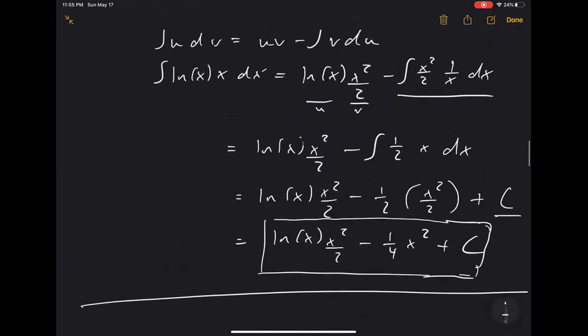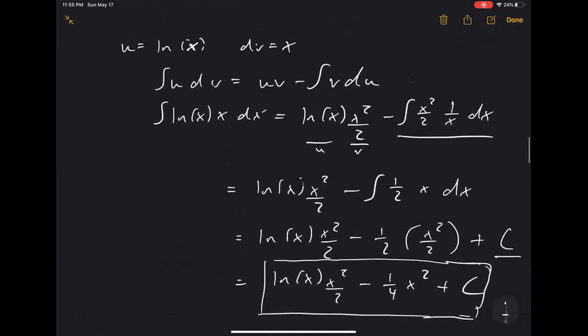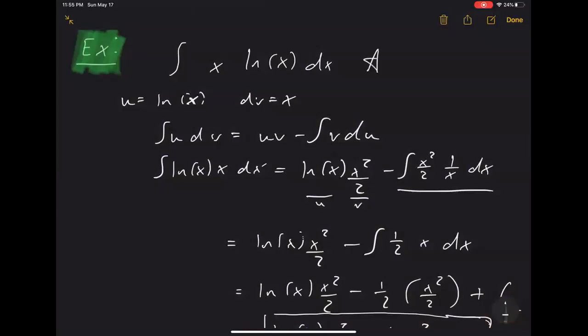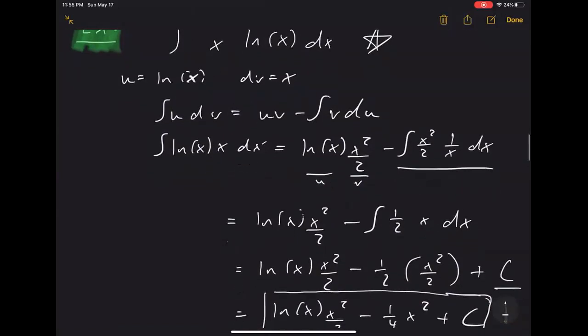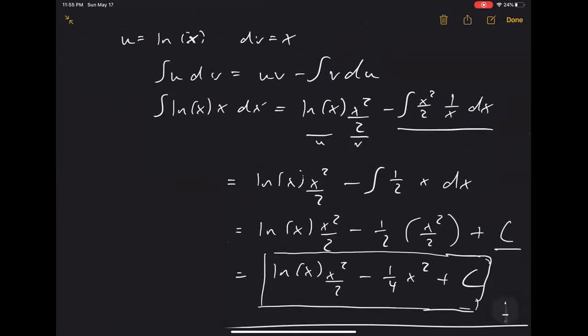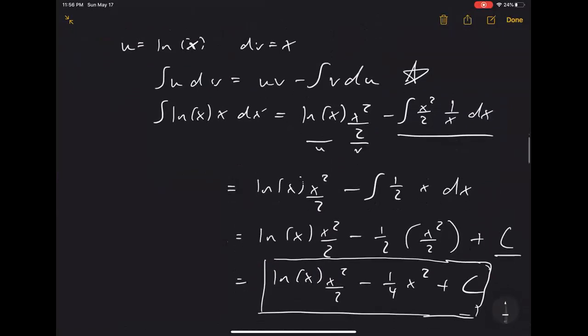So this is just a fairly straightforward integration technique. We're starting with an indefinite integral that we don't know how to solve, and we think of it as part of a product rule problem and undo that product rule using this formula: the integral of u dv equals uv minus the integral of v du.